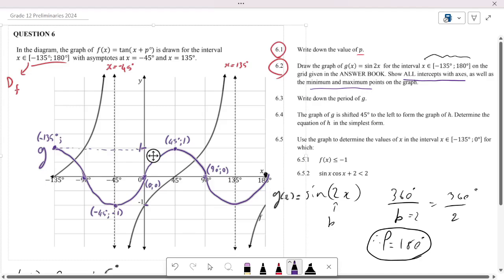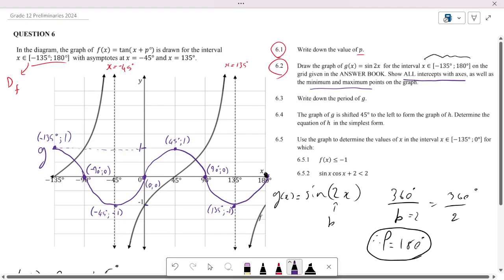And then we're still missing this minimum over there, so I'm just going to put all of the stuff in. It's -90 degrees and 0. And then this is therefore going to be 135 degrees and -1.